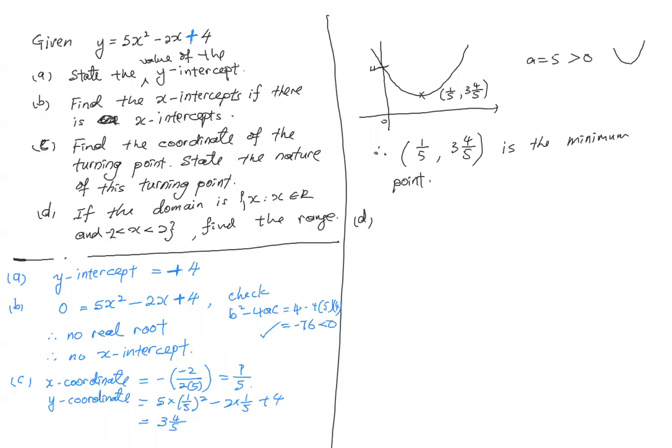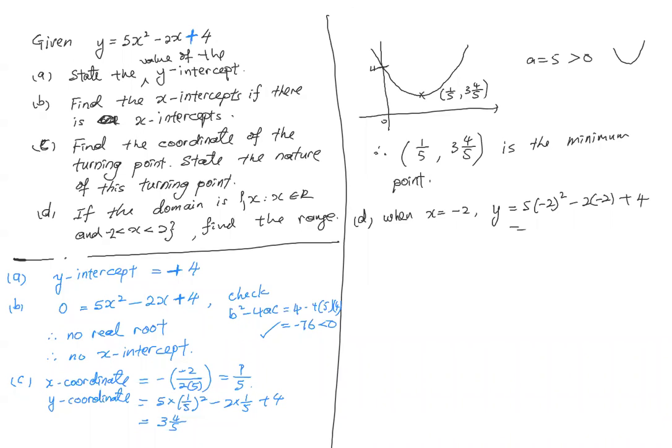So if the domain is this, what I need to do is go into the calculator and find when x equals -2, what is the value of y? Okay, so what is the value of y?